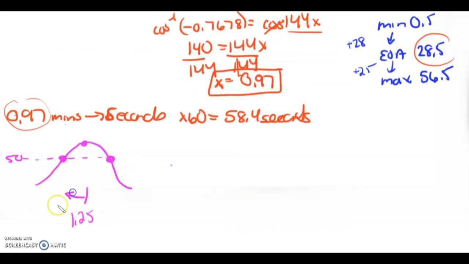So if we go back using symmetry to 0.97, the difference between these two is 1.25 minus 0.97. I get 0.28 of a minute. That means using symmetry coming over here, I'm going to add the 0.28. And I get 1.53.